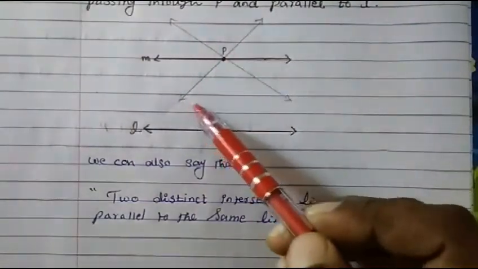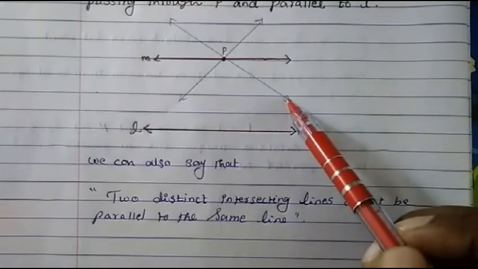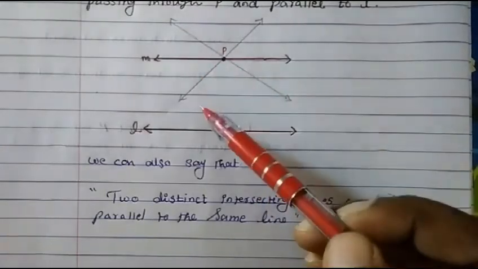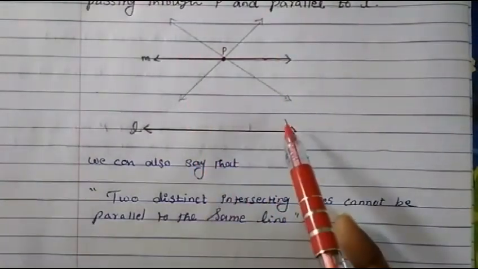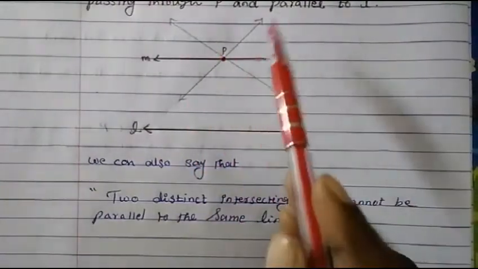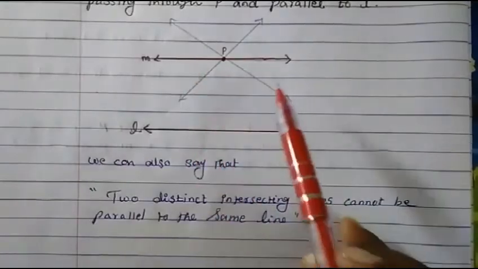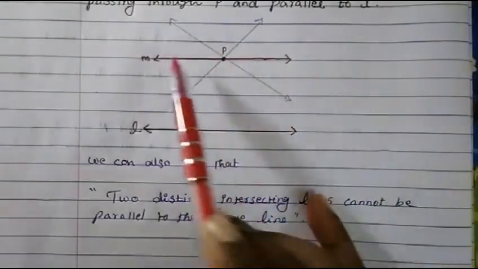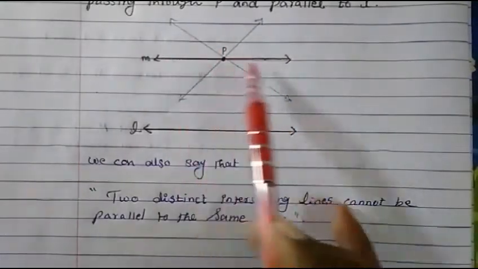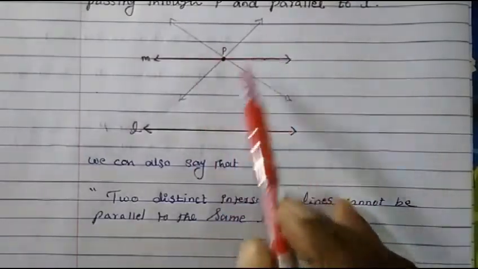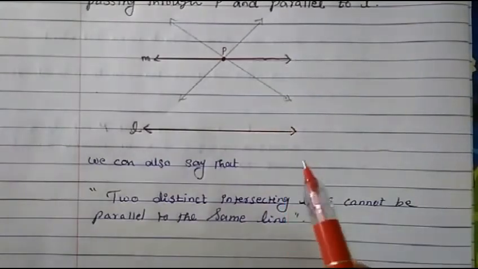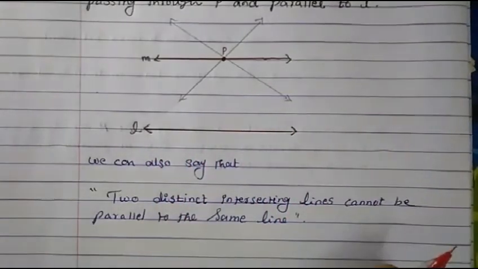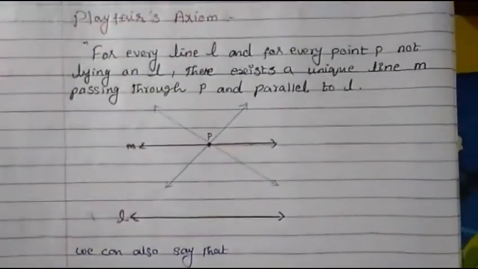This is not parallel to this line, neither is this parallel to this line. But one unique line is parallel to the other line, that is L. That's called the Playfair axiom.